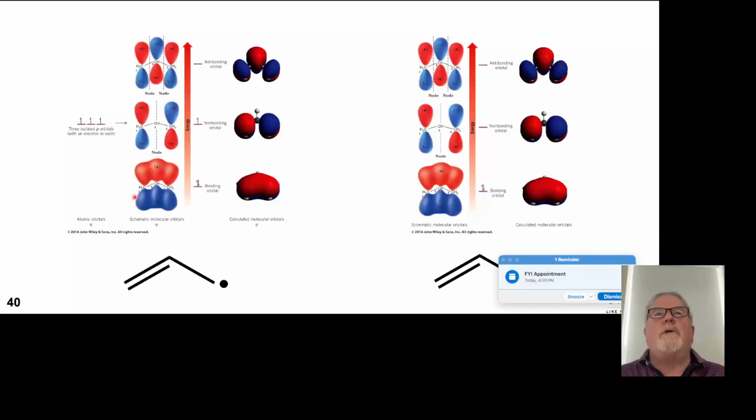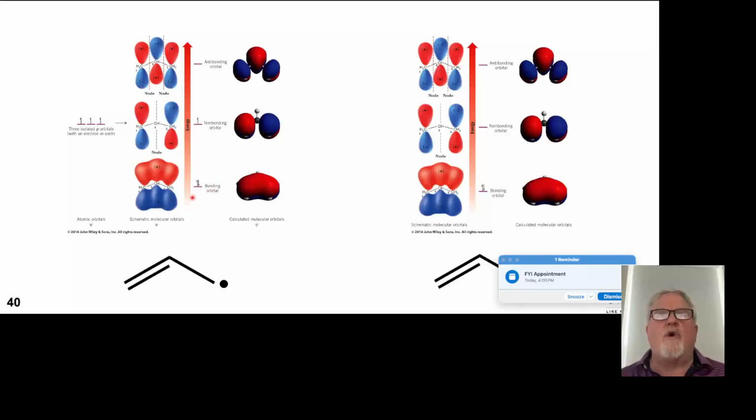Once we make our orbitals, we put our electrons in. Remember, we put an electron in the lowest energy orbital, and then we keep filling. If there's any orbitals of the same energy, we fill them one at a time before we put the next electron in and pair the spin. So here we see a spin up and a spin down electron. We don't have any degenerate orbitals.